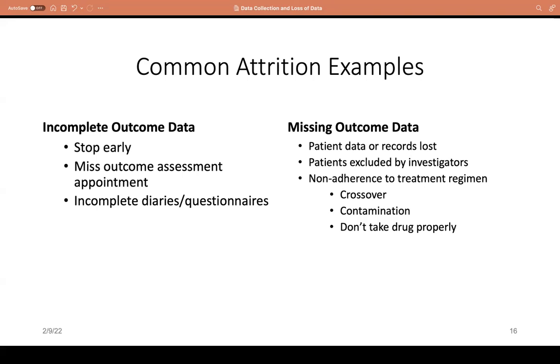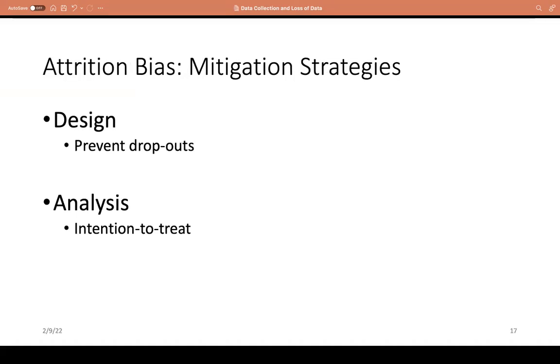They either cross over, so they're randomized to the control arm but somehow end up taking the intervention medication. There's contamination, or people just didn't adhere to the drug schedule or the dosing or whatever.